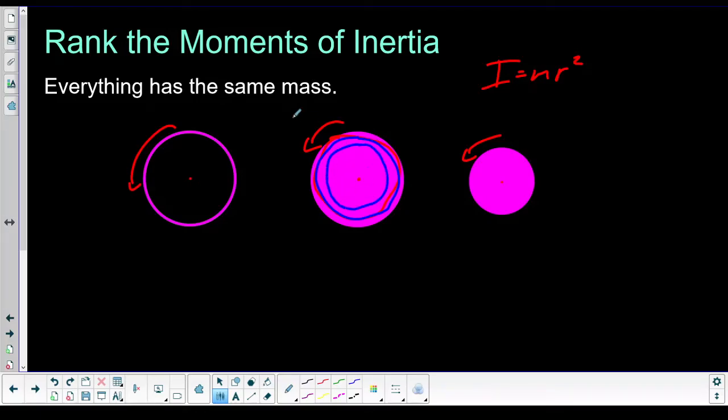These rings are all going to have a mass smaller than m because same mass total, but this one's spread inwards. So because we've got some mass and it's closer, r is smaller, this one will have a smaller moment of inertia than this one.